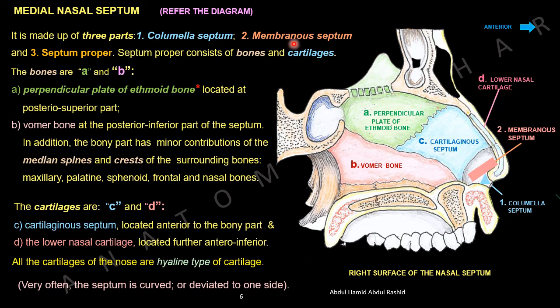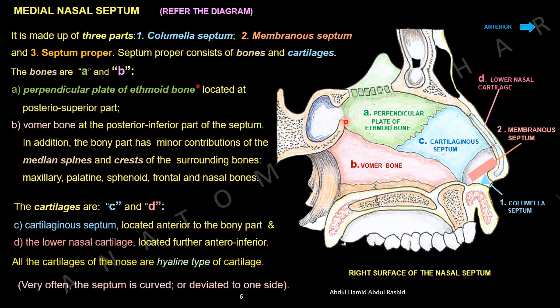Above that is the membranous septum, which is formed by two layers of skin, one from the right vestibule and another from the left vestibule, and there is no bone or cartilage in between. After that, we have number 3, the septum proper. The septum proper consists of bones and cartilages.